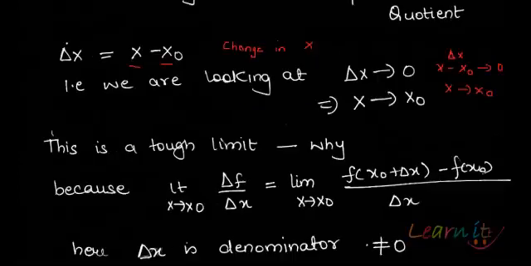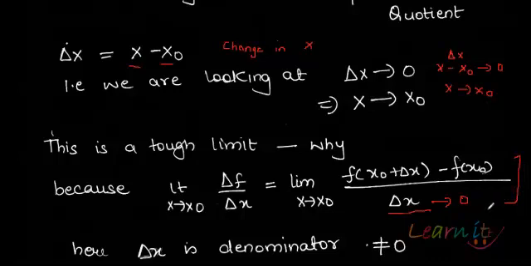Why? Because when I am looking at the difference quotient, my delta x is in the denominator, and I am saying that this almost turns into 0. Then what will be the value? It's undefined. Anything where the denominator is 0 is undefined.